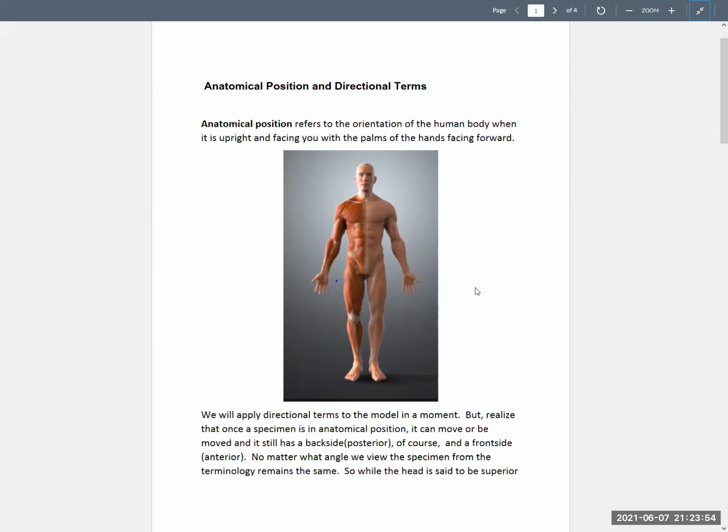Maybe they think they're going to get arrested or something. The feet are supposed to be at a roughly 45-degree angle, relaxed, okay? And the person is standing. Now, once we name different anatomical positions, you can turn this guy upside down on his head, on his back, and those will stick. Those will stay.